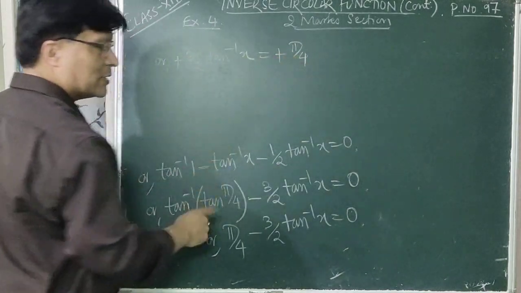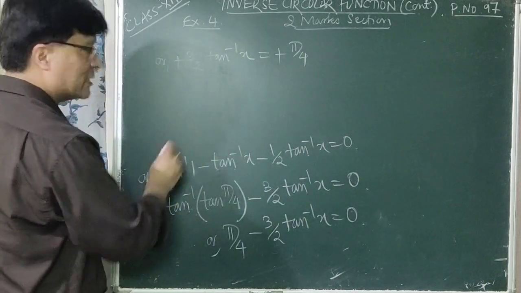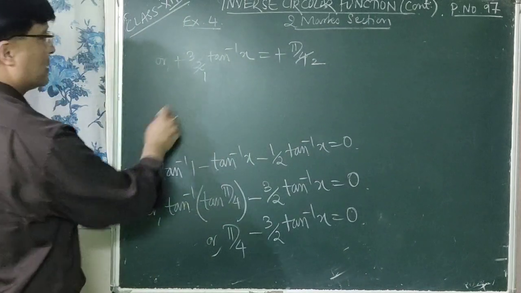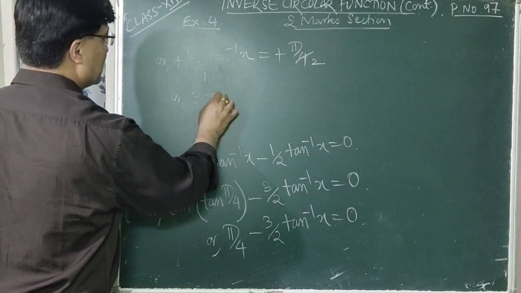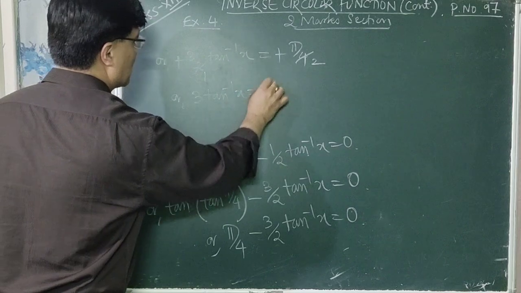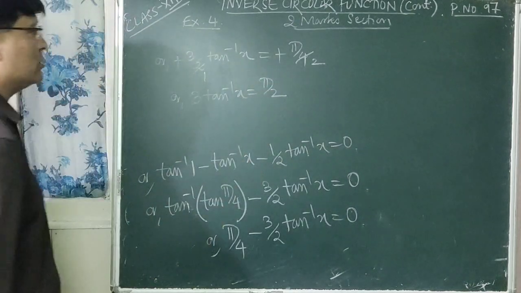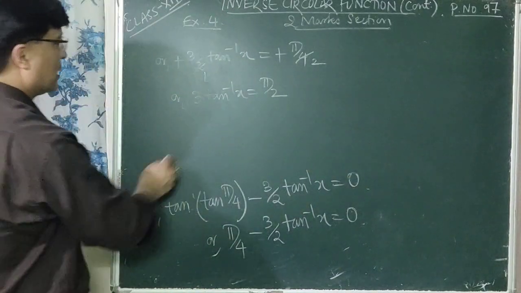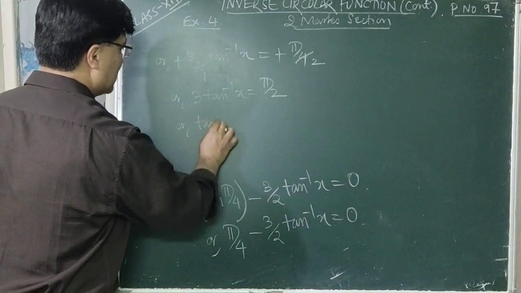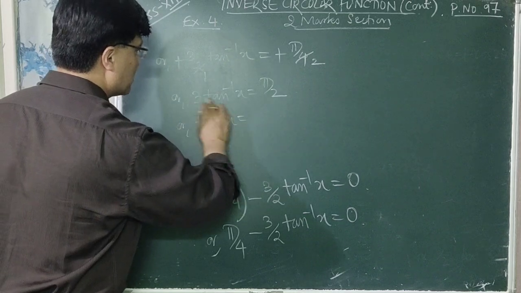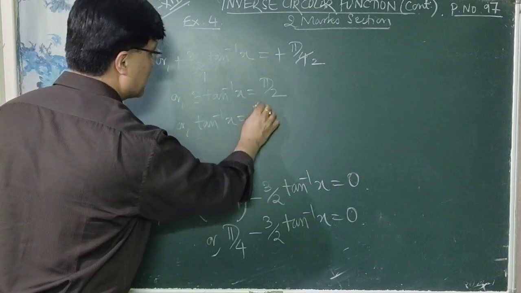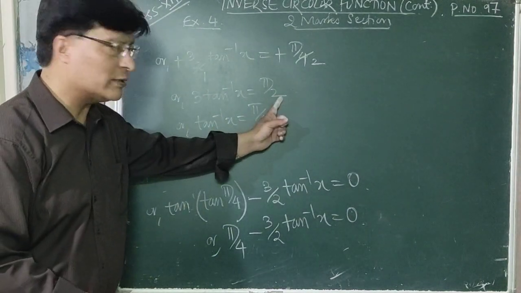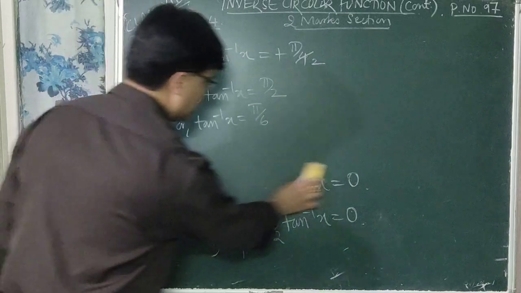So below this, that is in the denominator, we have 2 and 4 here, you can cancel them, similar terms can be cancelled. 2 ones are 2, 2 twos are 4, right? Or this is 3 tan inverse x is equal to pi by 2. Clear? So in the next step, tan inverse x is equal to, cross multiply by 3 here, 3 twos are 6, pi by 6. Cross multiply by 3 here, 3 twos are 6, right?